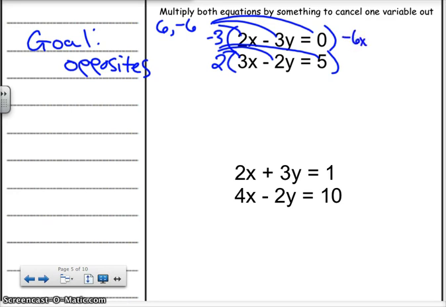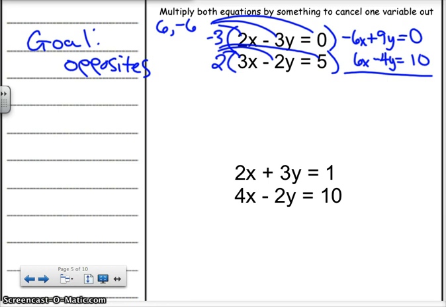A negative and a negative is going to be positive. So positive 9y equals 0. And then 6x minus 4y equals 10. I achieved my goal of opposites. Did you achieve your goal? Say yes. Yes, you did, so good.